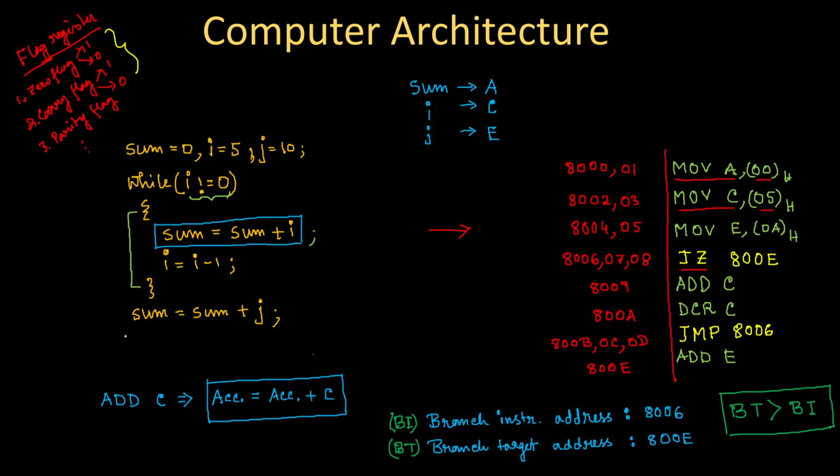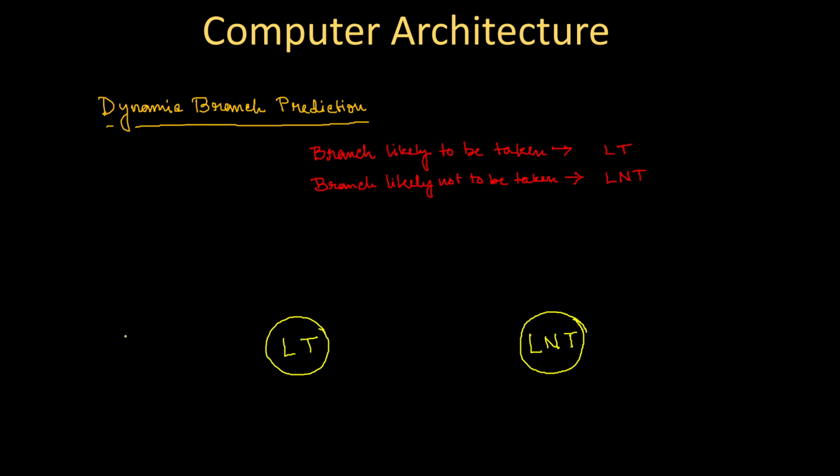So it's better to predict the branch will be not taken. So the starting state will be likely not taken, and if we predict this and we find that the branch is really not taken, then I will remain in the same state of mind if the branch is not taken.